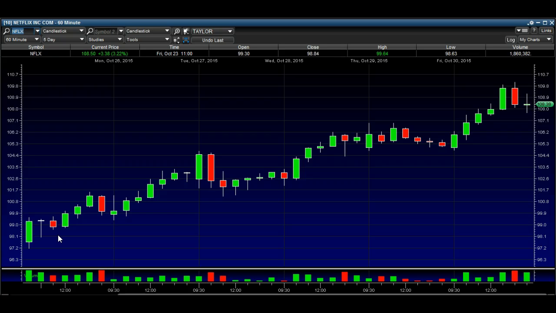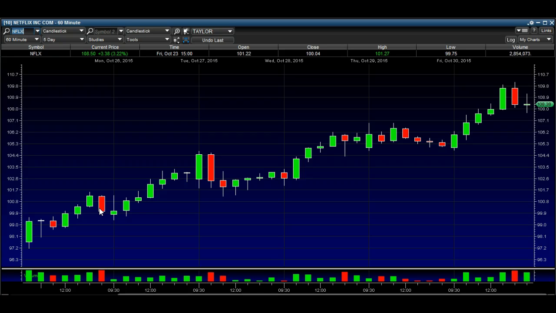First, I just want to note that we are going to be looking at a 60-minute chart, otherwise known as an hourly chart, where every candlestick represents 1 hour of trading. But these concepts are the same for any time frame on any chart. You can use trend lines on 1-minute charts, 2-minute charts, daily, weekly, monthly charts, any chart.